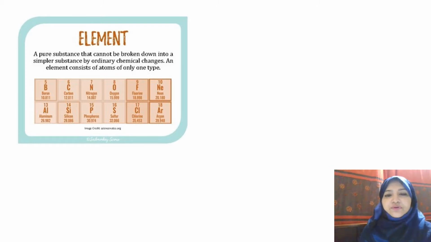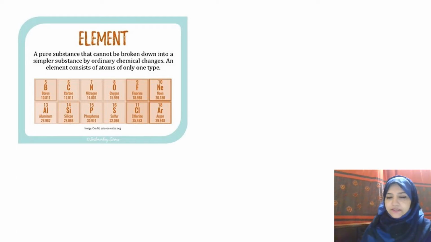And if you consider any gas, oxygen gas, nitrogen or helium, then they all are elements. If we divide or break down these elements, then you will find only these elements. And that's why this is known as a pure substance.